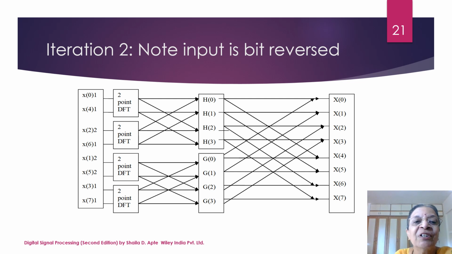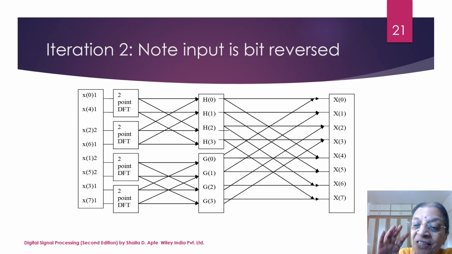So we start with 2-point DFT now. These are x0, x4. Firstly, we had x0, x2, x4. In order to divide it, we again divide the sequence into two parts, even numbered and odd numbered. Now x0, x2, x4 and x6.